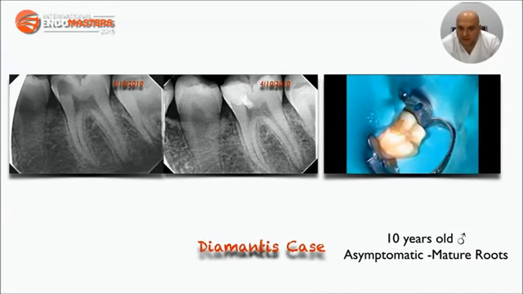Diamandis' case here, deep carious lesion with pulp exposure. Diamandis was referred for root canal treatment of his first mandibular molar back in 2010. And although root canal treatment was a very predictable treatment approach, I selected again here MTA partial pulpotomy for this 10-year-old boy with exactly the same clinical techniques.